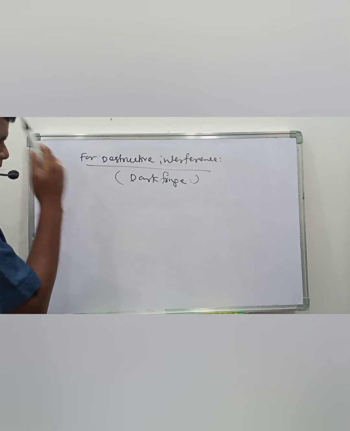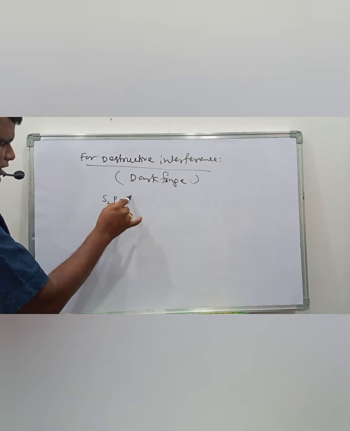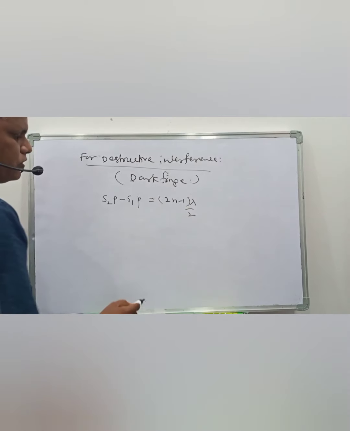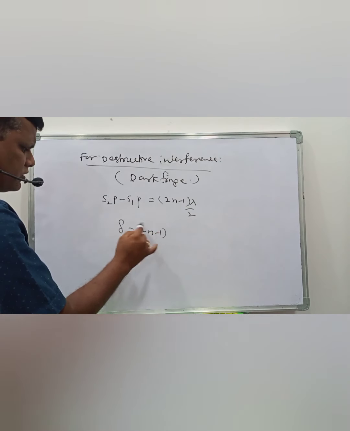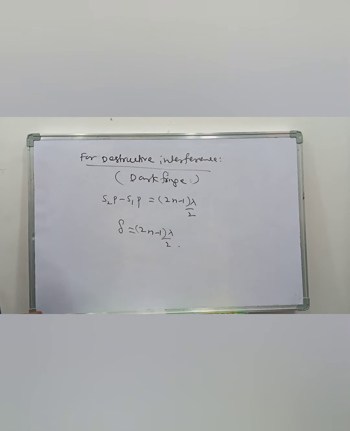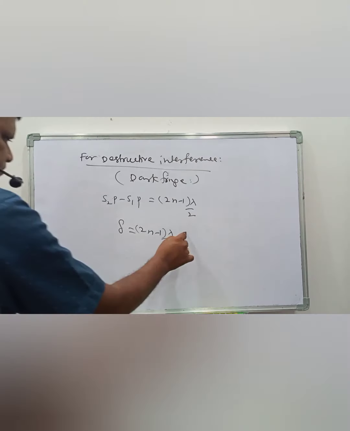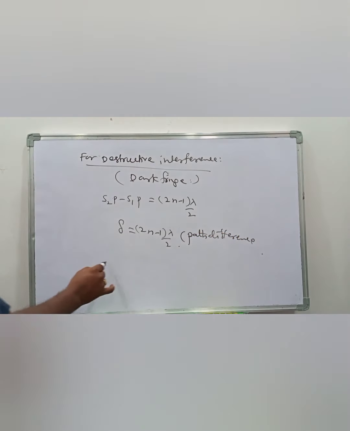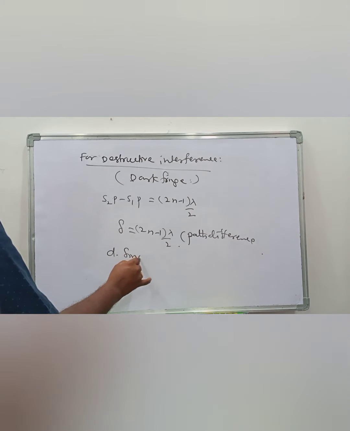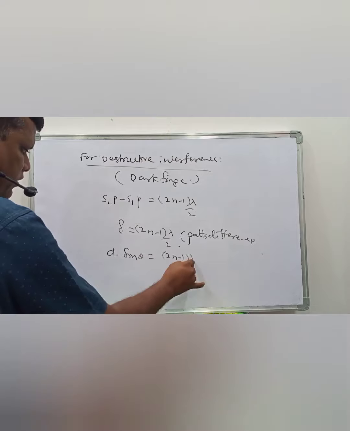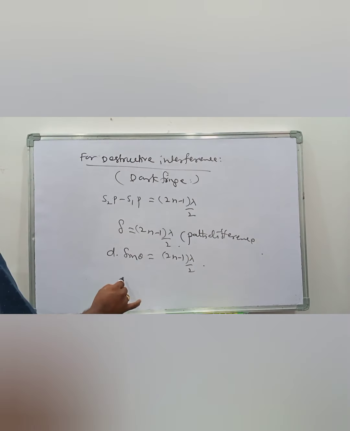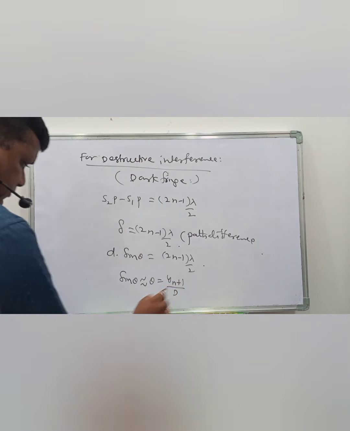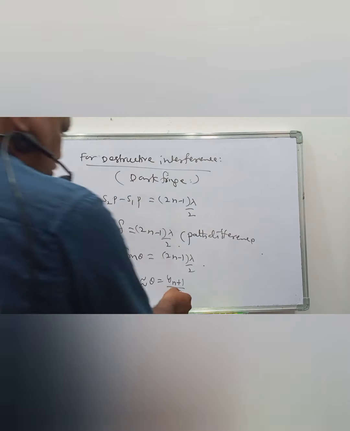Now the path difference S2P minus S1P is equal to (2n minus 1) lambda by 2. So here delta is equal to (2n minus 1) lambda by 2. This is the path difference for destructive interference. So we have d sine theta is equal to (2n minus 1) lambda by 2, where sine theta is nearly equal to theta, which is equal to yn plus 1 by D for the dark fringe.